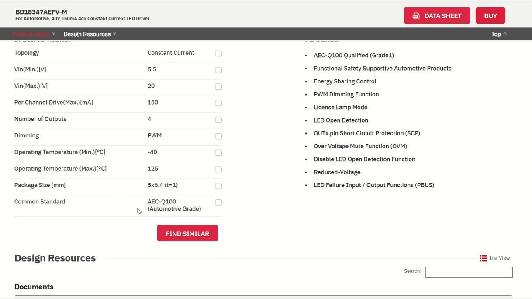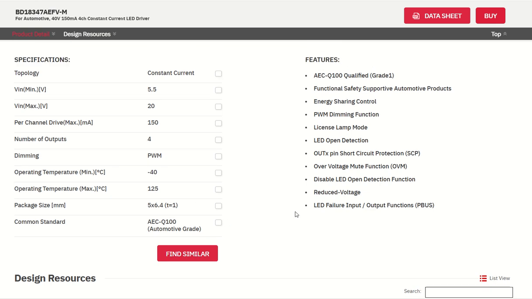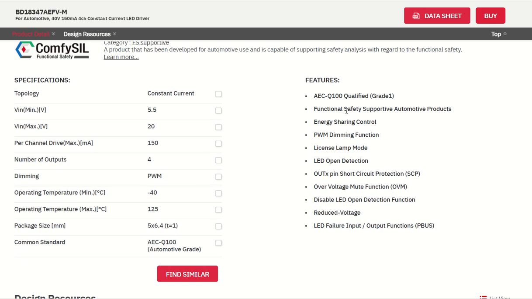It has a common standard, AEC Q100, which is automotive grade. Some of the other features, as you can see, it is qualified for AEC Q100 as I told you. Then it has functional safety support for automotive products as well. It has energy sharing control, PWM dimming, license lamp mode, LED open detection, output short circuit protection, as well as an over voltage mute function.